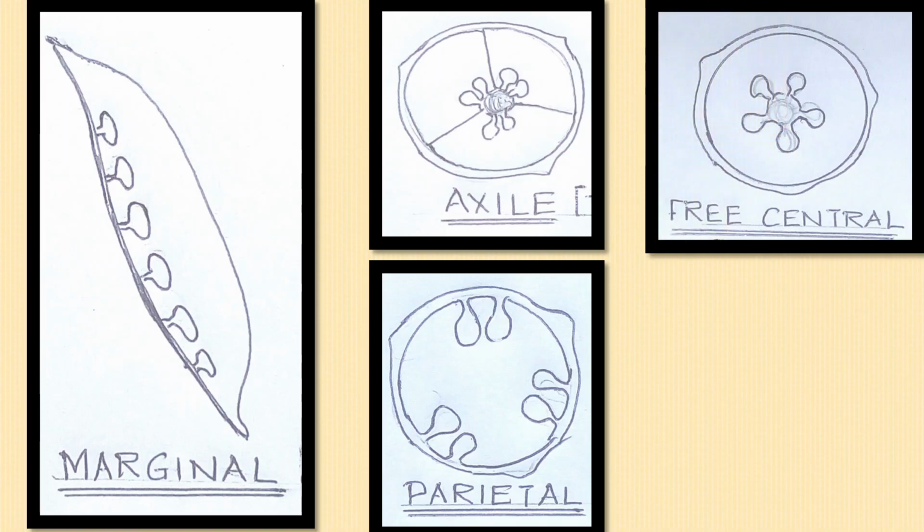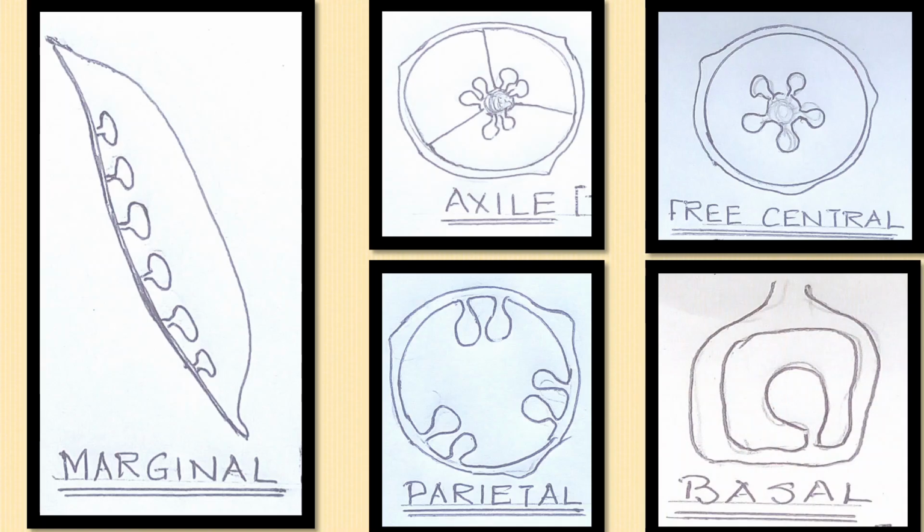Free central placentation. When the ovules are borne on the central axis and septa are absent, the placentation is known as free central placentation. Example, dianthus or primrose. Basal placentation.